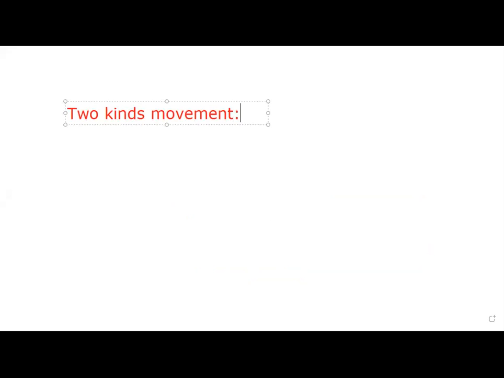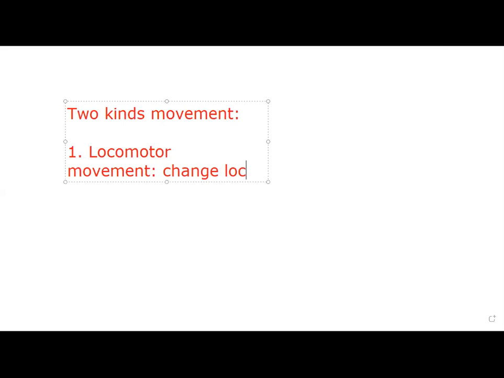The first type is called locomotor movement. This type of movement means a change of place or change of location. In this movement, the animal changes its location.